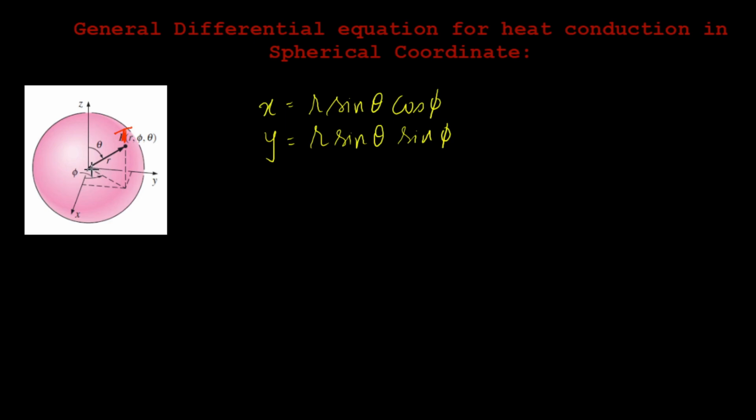So we have this projection on the xy plane, that is the projection of r. If I want to find out this length, now this angle is theta, so this angle will also be theta. Now this completes a right angle triangle.